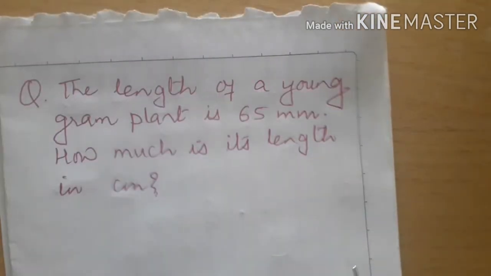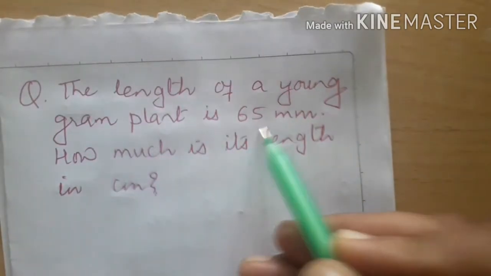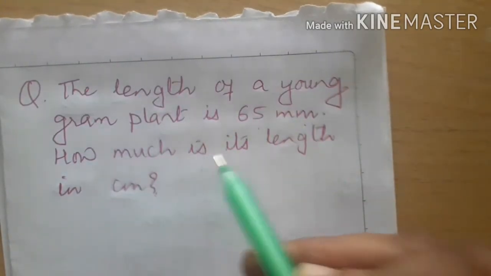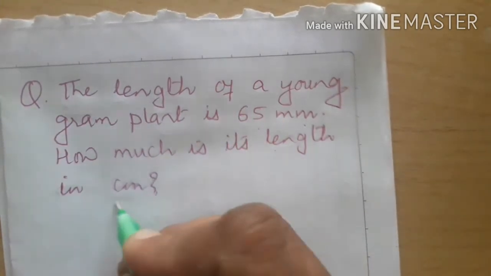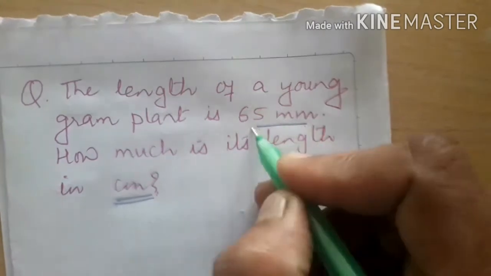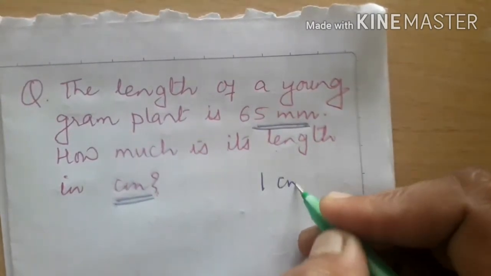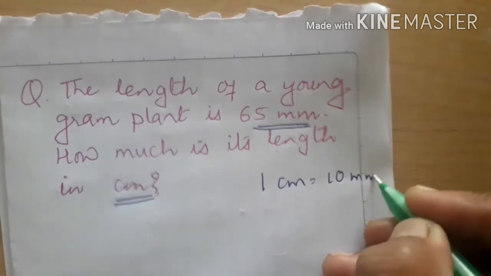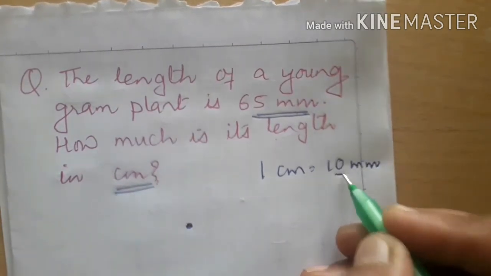Now see this question. The length of a young gram plant is 65 millimeters. How much is its length in centimeter? Okay, so now again I have to think of the relationship of these two, and we know that 1 centimeter is 10 millimeter. So after decimal point you should have only one digit.